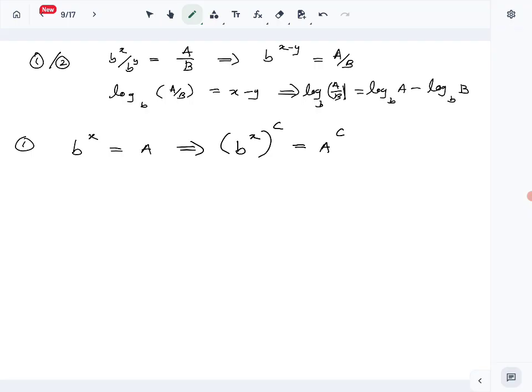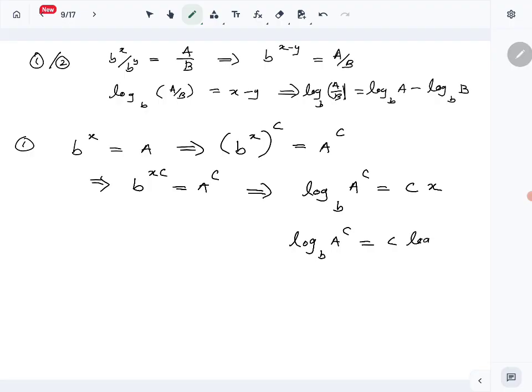Now this becomes b to the xc equals a to the c. Convert to log form, you get what? Log base b of a to the c equals what? cx. And what is x? x is log base b of a. So there's the proof of the third law.